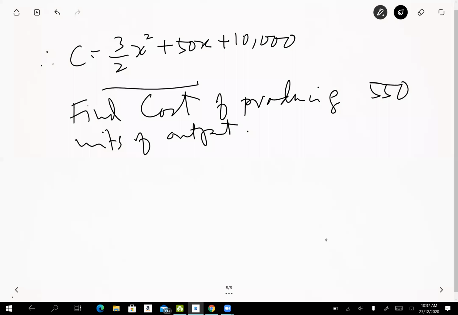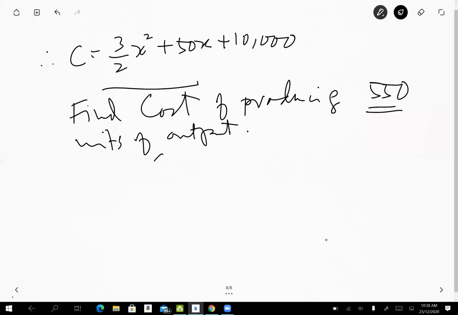What do we do? Substitute into where? It's not substitute into x. You substitute x into what? Into C. X is this one.